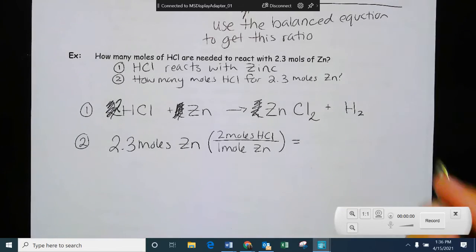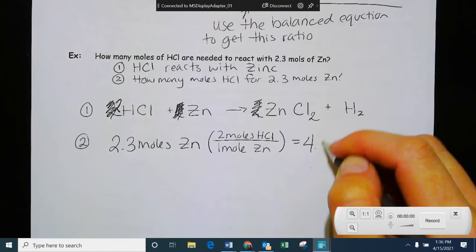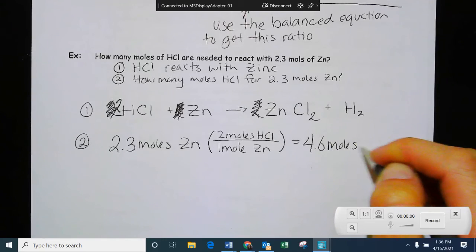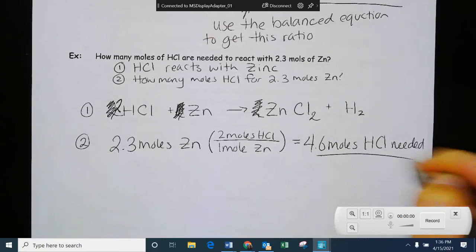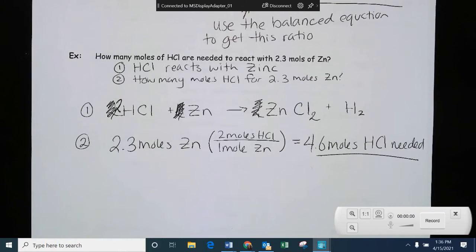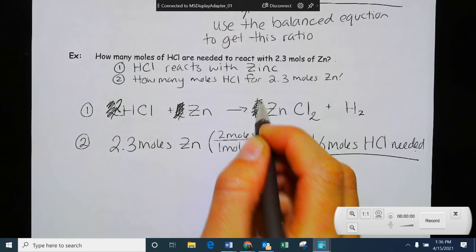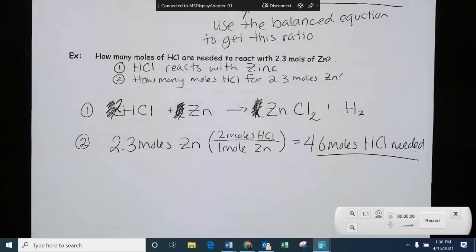What we end up with is 4.6 moles of HCl are needed. Any questions about how I got from here to here? No, we're good? Okay, sweet.